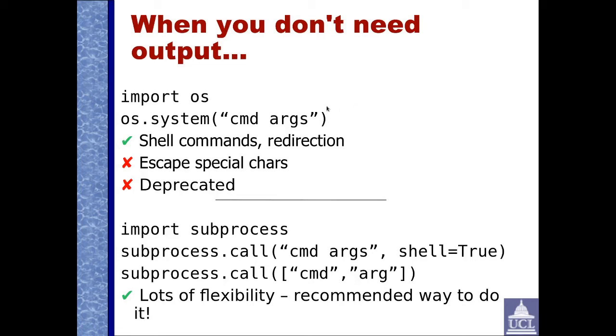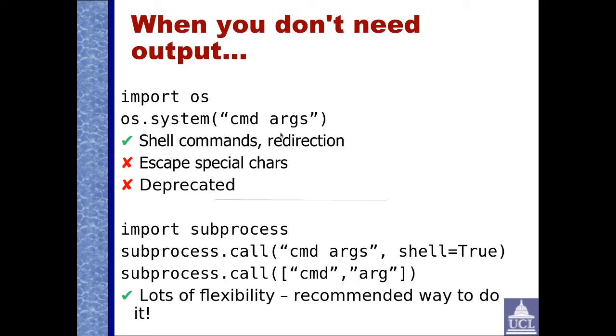So one of them is to do import OS, and then we can just say os.system and pass it the command and the arguments. So this is quite useful. It can be used for shell commands, and we can use the greater than sign to redirect the output to some other temporary file if we needed to get the output from that.